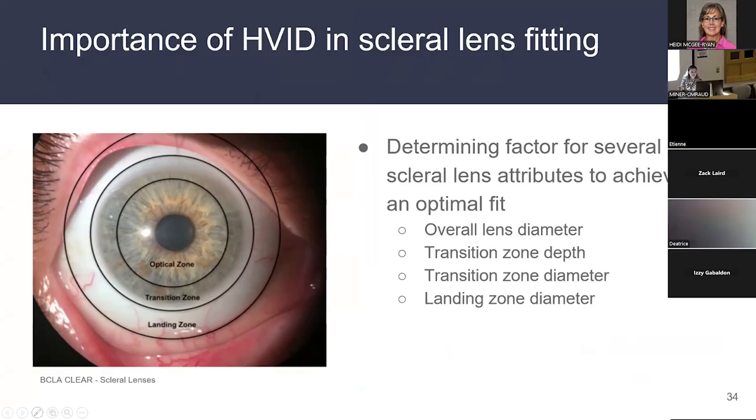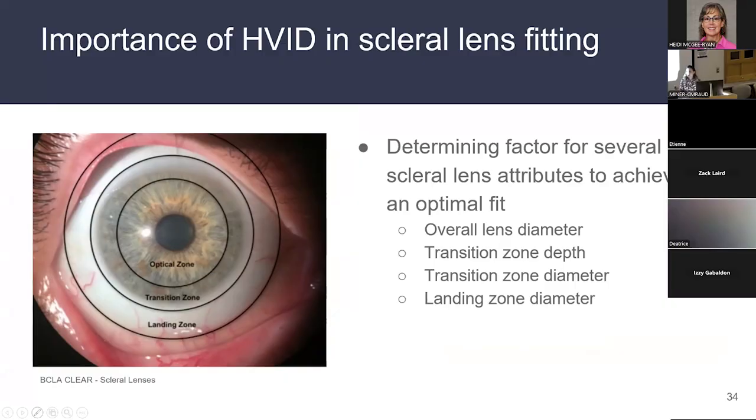So the horizontal visible iris diameter here, as you can see, actually correlates pretty well with where the transition zone of a scleral lens should be. So I can change the overall diameter of the scleral lens to get that transition zone right over the HVID, if you will. I can change the transition zone depth to make it so it's deeper.